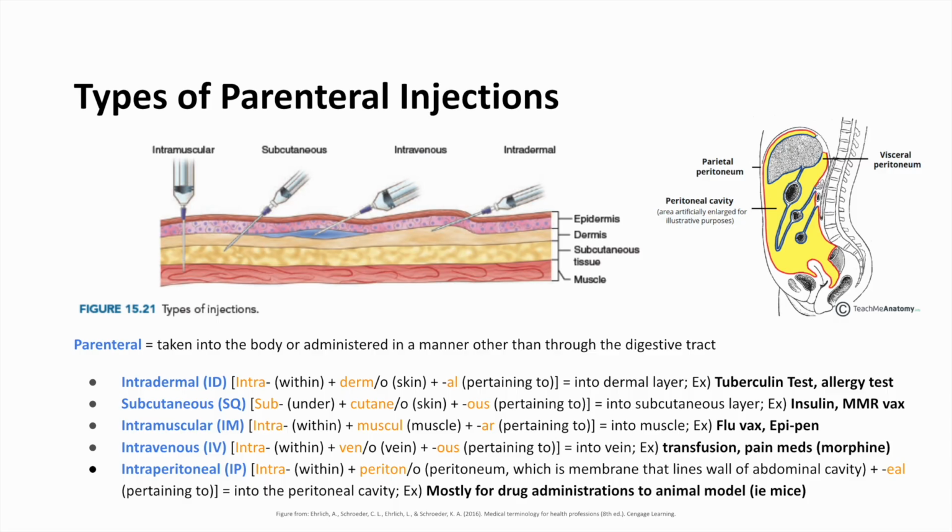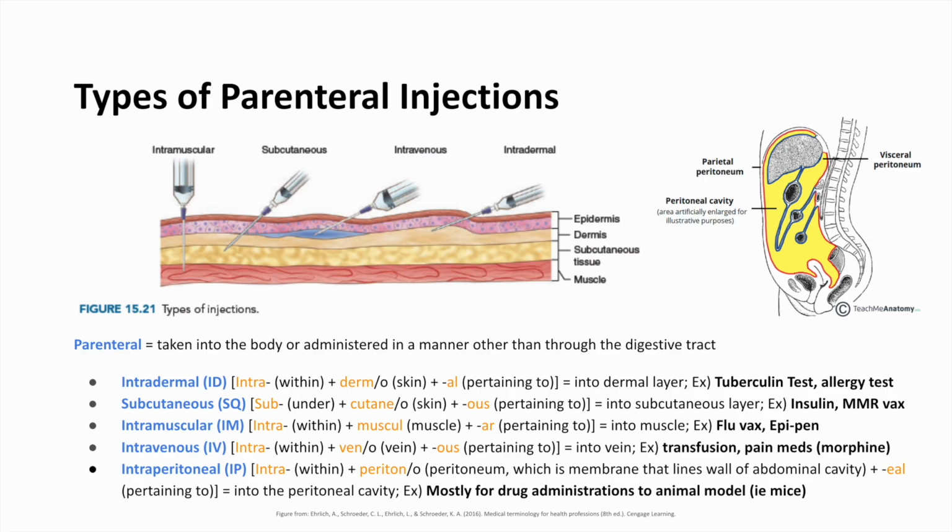If you have diabetes and need to get an insulin injection, you usually do it yourself, but you'll angle it, I think around 45 degrees. That's subcutaneous, and that will go to your subcutaneous layer. Some vaccines, such as MMR vaccines, are also subcutaneous.